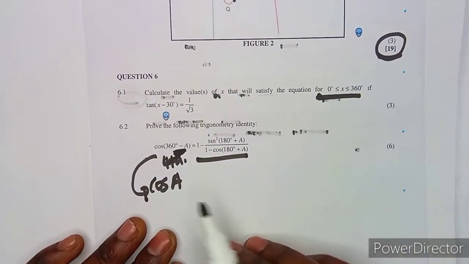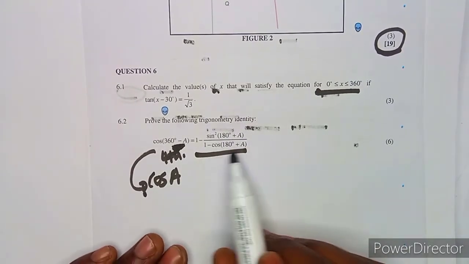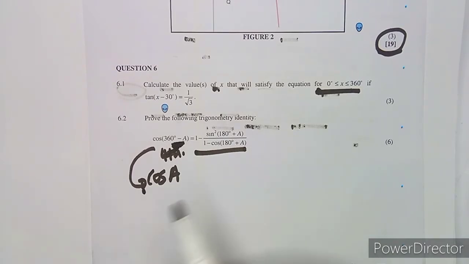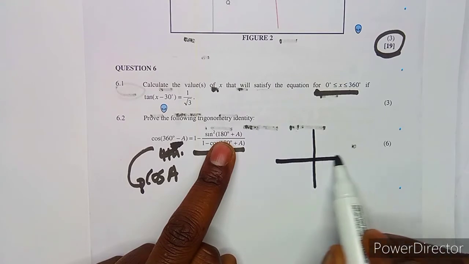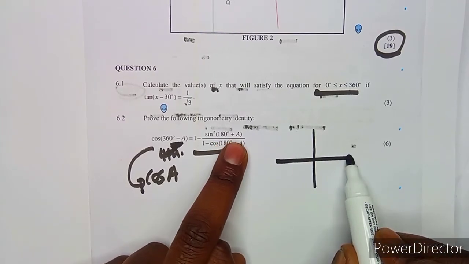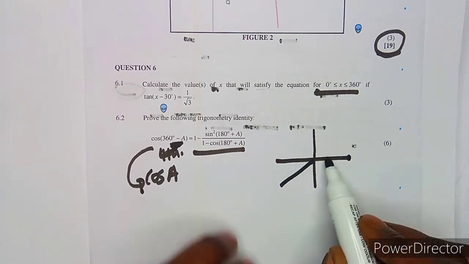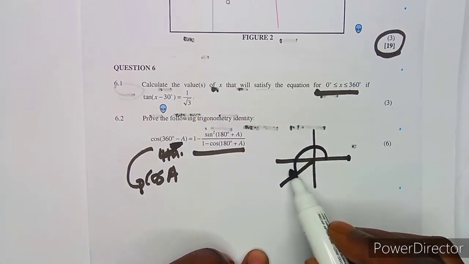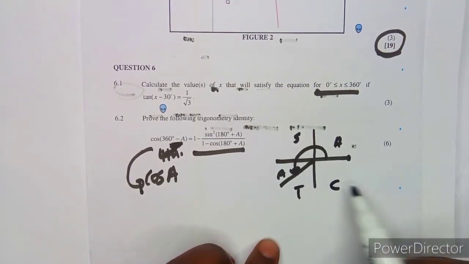remember we are actually working with the quadrants. That is the best way of answering this question. Sine 180 plus a, which quadrant is this? That 180, where we have got 180 plus a. This is actually the third quadrant, because a is the reference angle like this. And we've got all students take calculus.